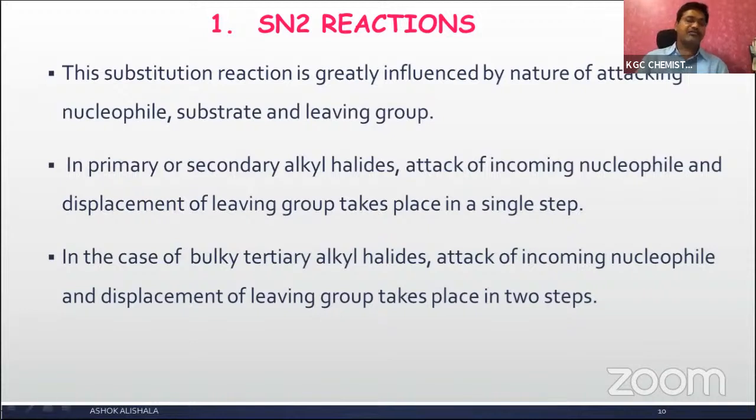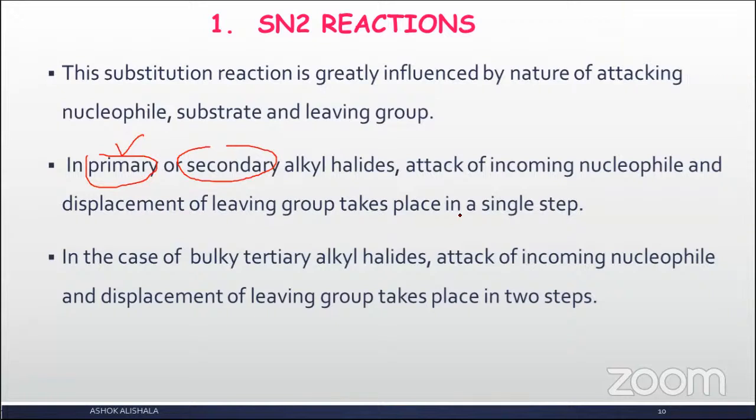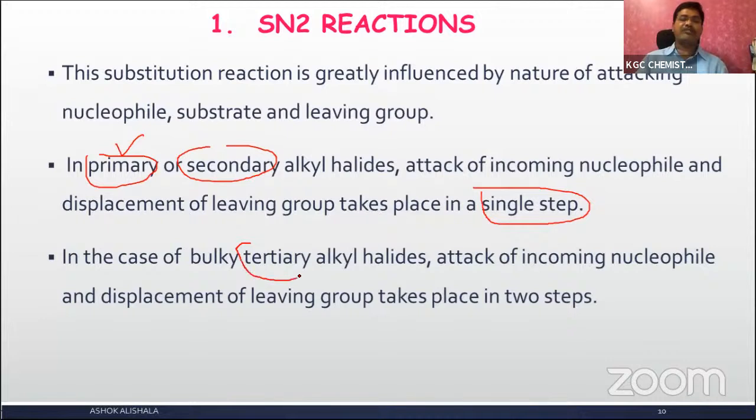I want to tell you an important point here: the primary, and mainly the primary, undergo in a single step, whereas the bulky tertiary alkyl halides undergo two steps.